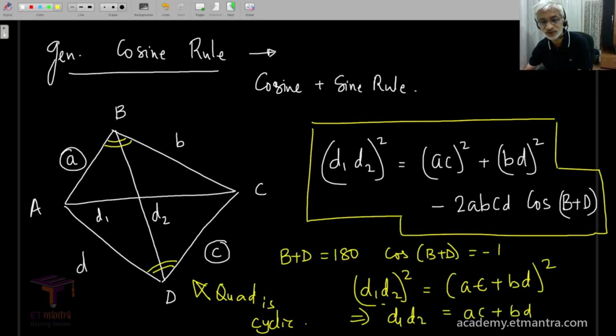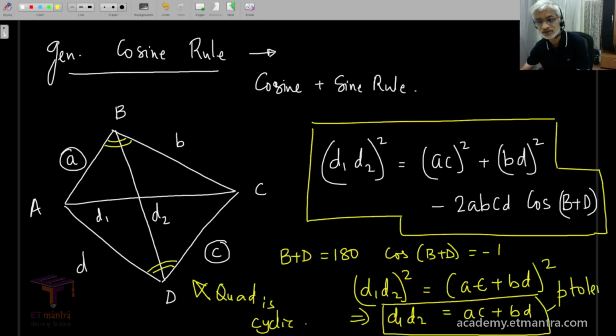Many of you will remember this or identify this as the famous Ptolemy formula for the cyclic quadrilateral.